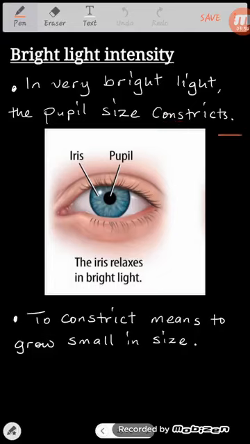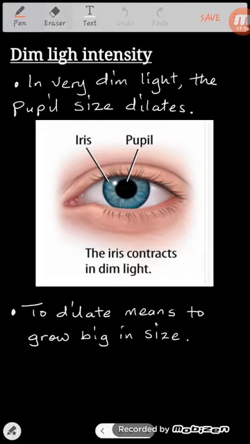So, on the other hand, when light is dim, okay, when the light is dim, the size of the pupil becomes bigger. In other words, the pupil dilates. So to dilate simply means to become wider.